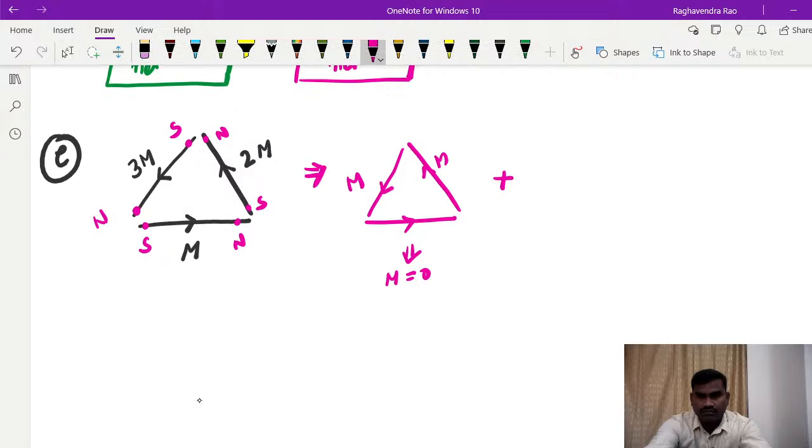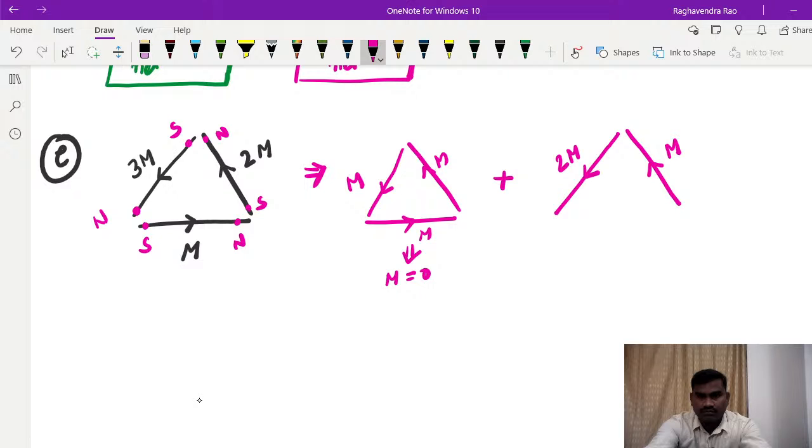This m is already taken, there is no magnet here. Here m is already taken, so the remaining m will be acting like this. A bar magnet of magnetic moment m is acting like this. In this direction, magnetic moment m is already removed. Next, 2m is acting like this.